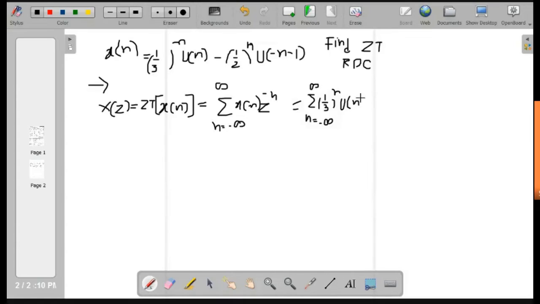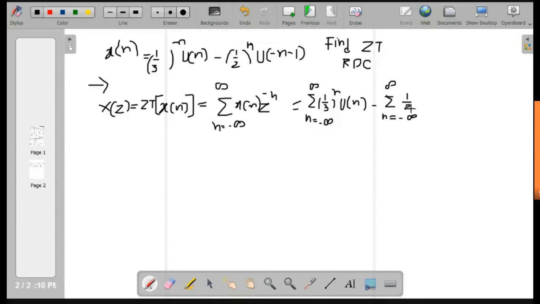This is a mixture of a left-hand sided infinite sequence and a right-hand sided infinite sequence. My first term is an infinite right-hand sequence. My next term is the infinite left-hand sequence.